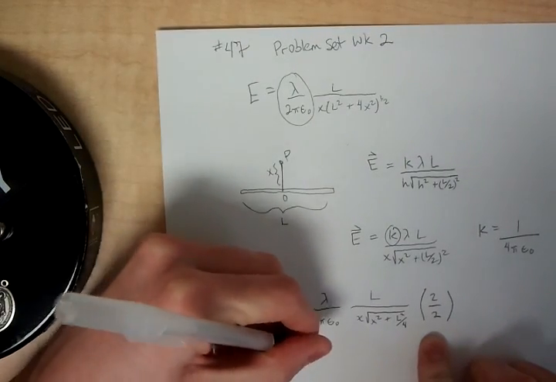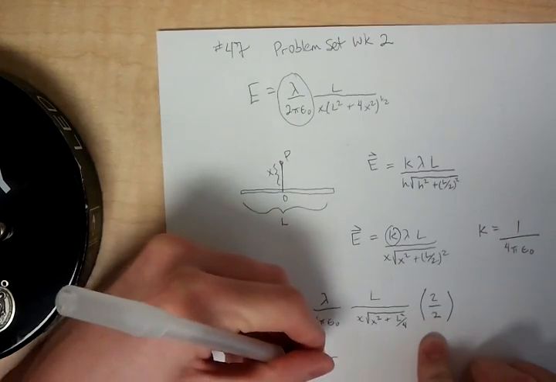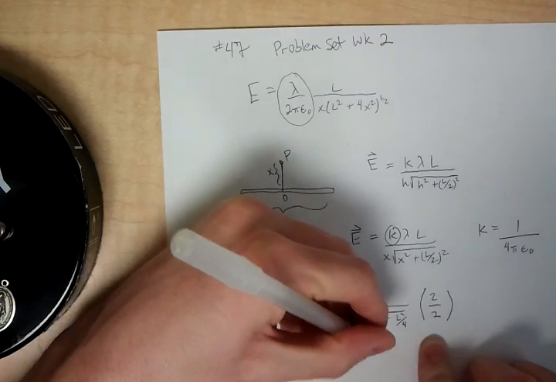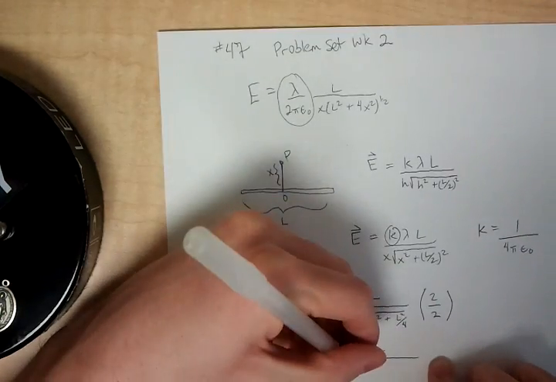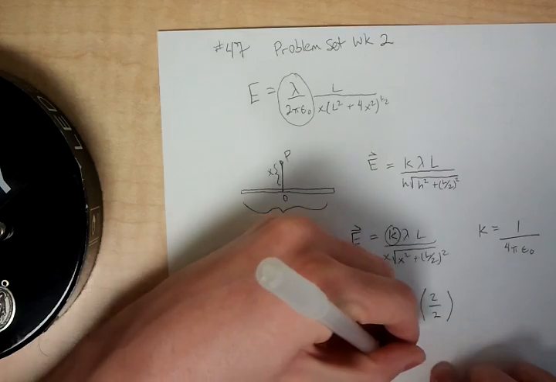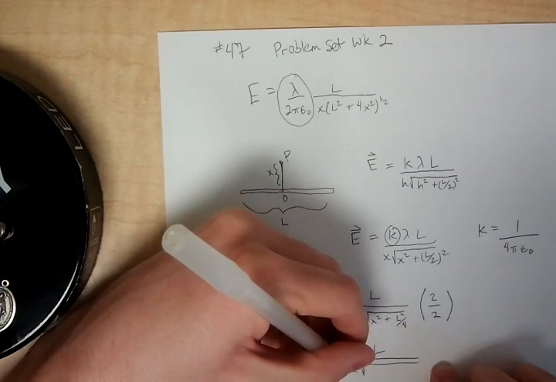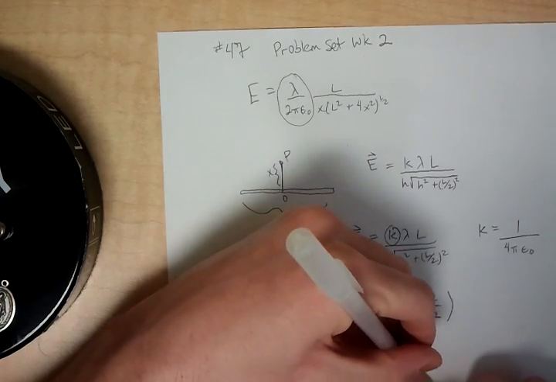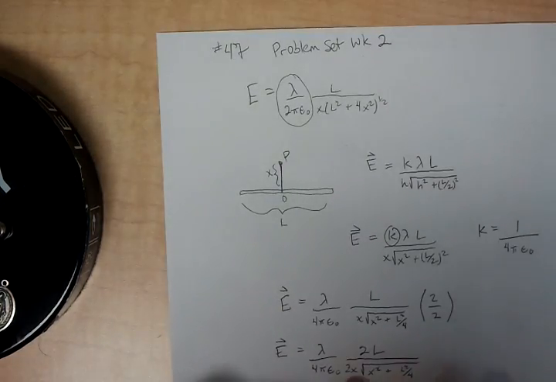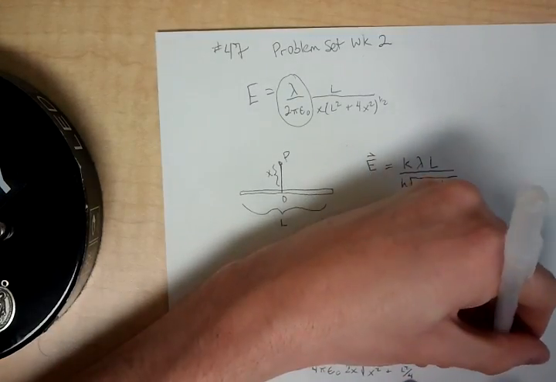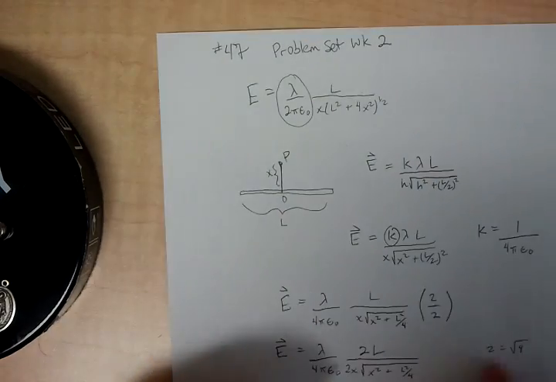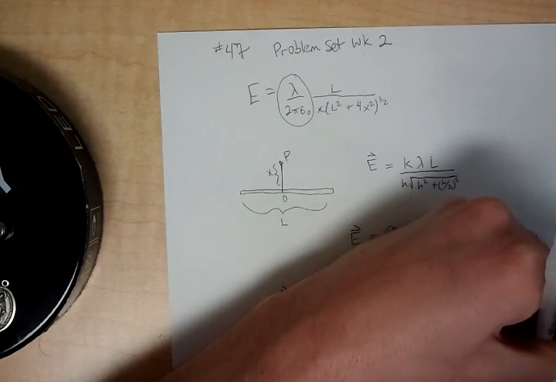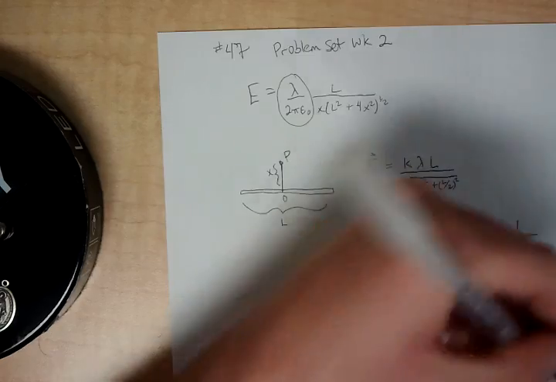So then we get E is equal to lambda over 4 pi epsilon naught times 2L over x times the square root of 4x squared plus L squared. By having this 2 here, the 2 is equivalent to the square root of 4, and when you multiply square roots, if I take the square root of 4 times the square root of x squared, we can write it as one piece.